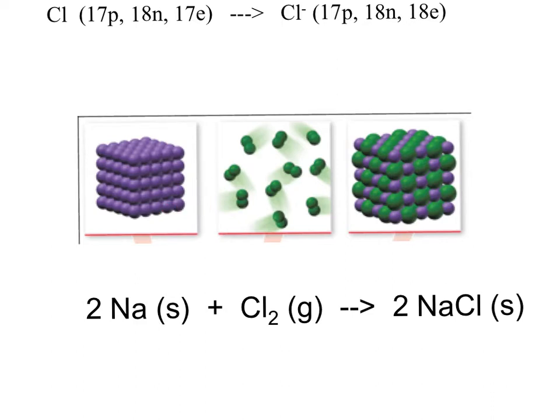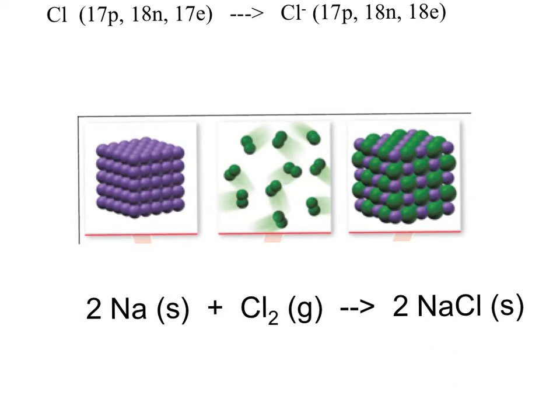All right, chlorine, on the other hand, is diatomic, it's a nonmetal, and it's in the gas phase at room temperature. So here are the little chlorine molecules moving around in the gas phase. That's my dog there. And when you put them together, you have this reaction that takes place where the Cl2 separates to form Cl, and then the electron gets transferred from the sodium to the chlorine.